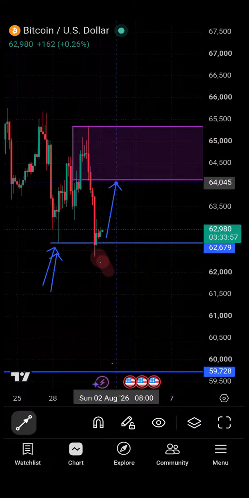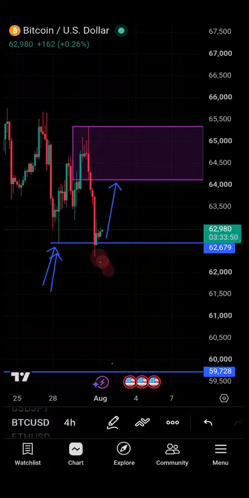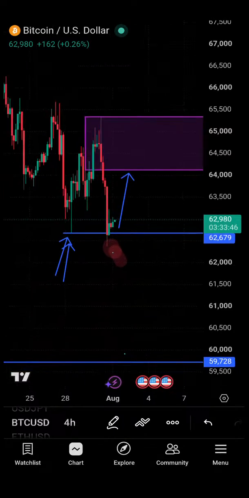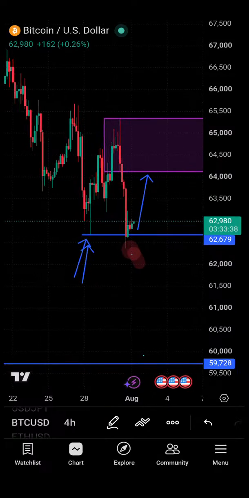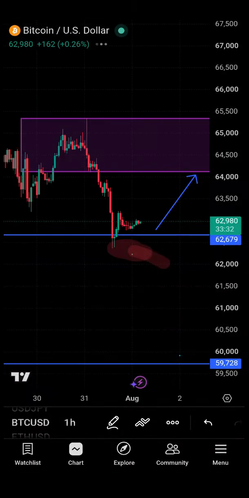So on the 4-hour, there's nothing much that we can establish rather than marking our order block or area of sensitivity. Okay, so the 1-hour time frame.